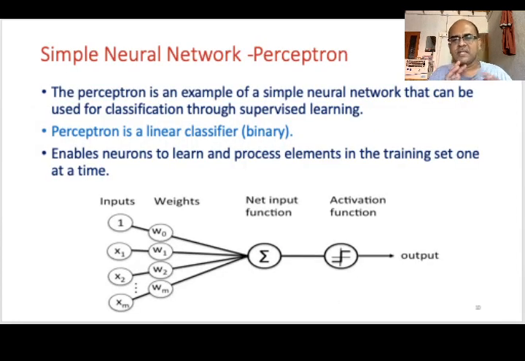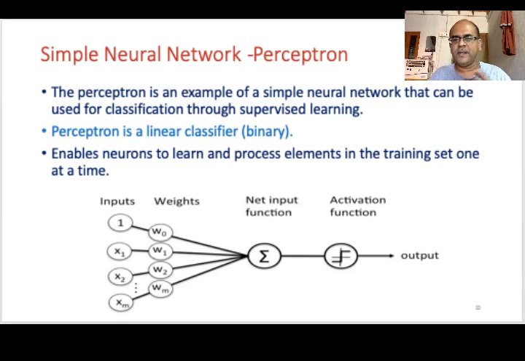When you talk of a simple neural network, which I term a perceptron, this perceptron can also be used for classification through supervised learning. A perceptron is a linear classifier, meaning it's binary, 0 or 1, only two classes. It enables the neurons to learn and process elements in the training set one at a time.